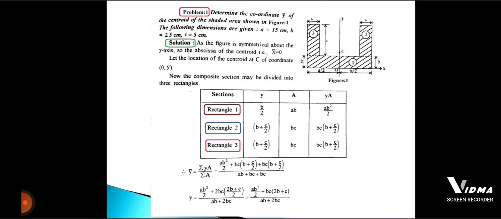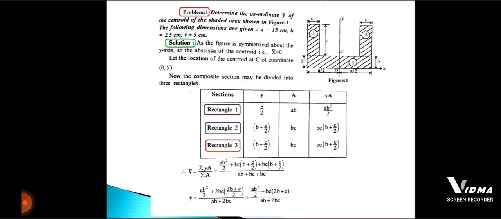Similarly, for rectangle 3 in the left part, the position of its own centroid from the reference axis x is b plus c by 2. Its area equals b into c, and its moment of area from the reference axis x is bc into b plus c by 2.